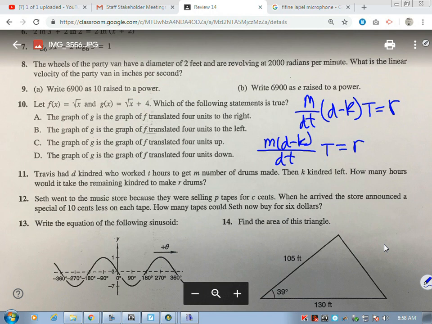So what do we do at this point? Multiply the DT to the R. And then what? Multiply R by the reciprocal. So just as if it was this.